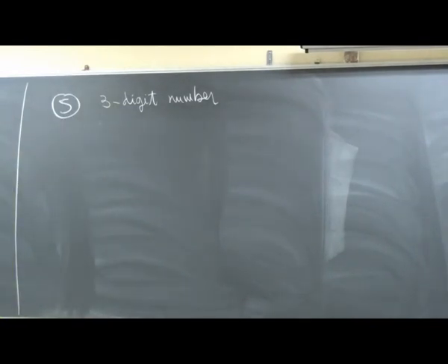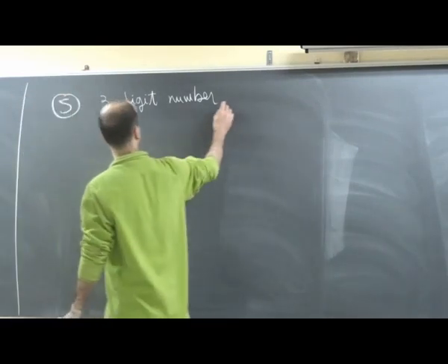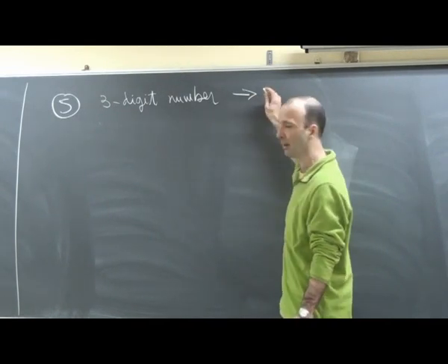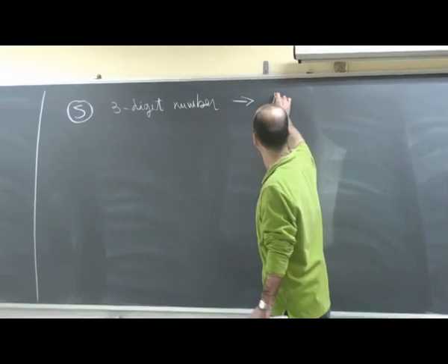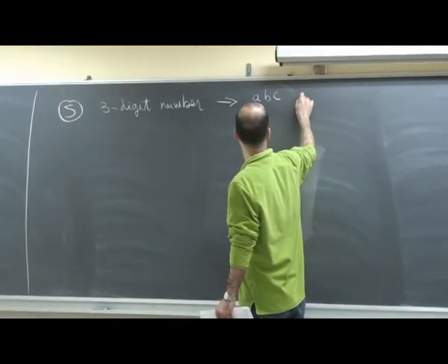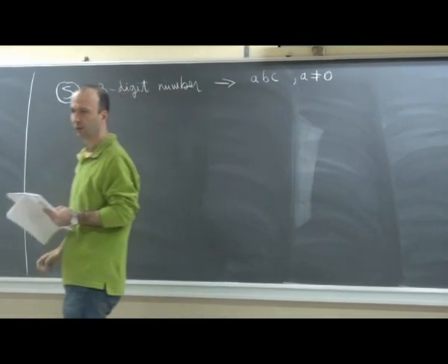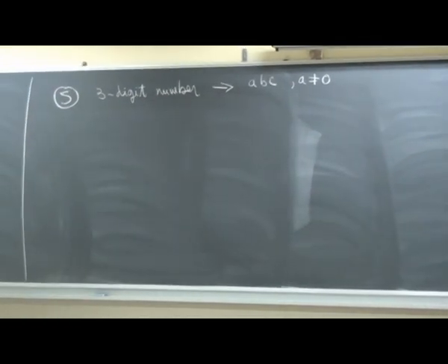So here we have a 3-digit number, right? I'm assuming that this 3-digit number is of the form ABC, where A is not equal to 0.